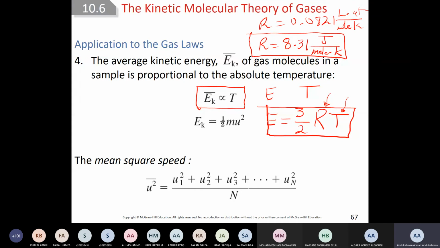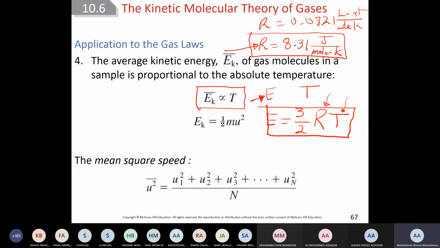But what's the unit that we use for energy? Joule. That's why when I want to calculate energy, I will use the R related to energy, which is R equal to 8.31 joule per mole Kelvin. All right.